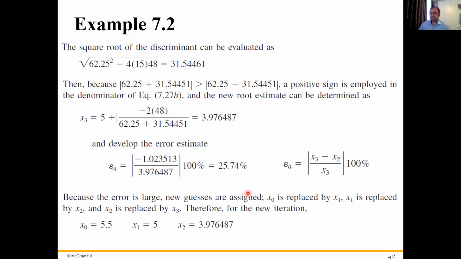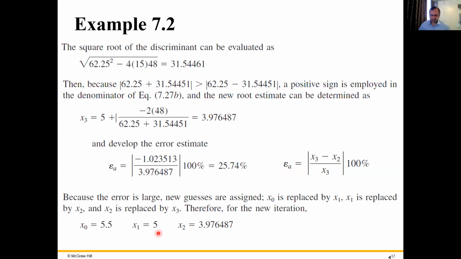In this case, we will shift the values of x. For the calculation of this x3, we need x0, x1, and x2. So in the previous iteration, whatever the value of x1 was will now become the value of x0.